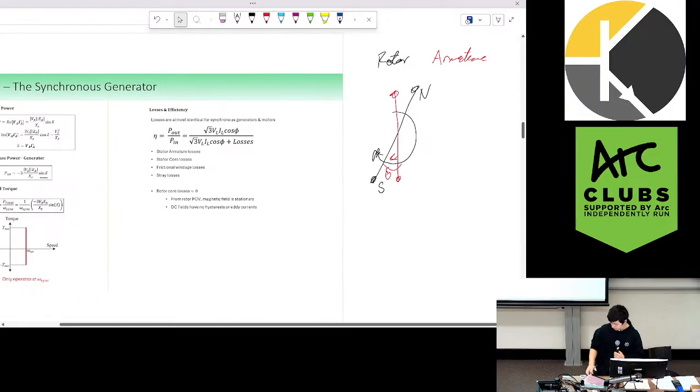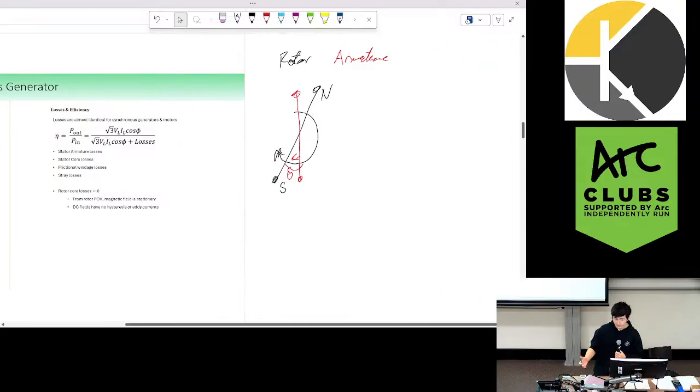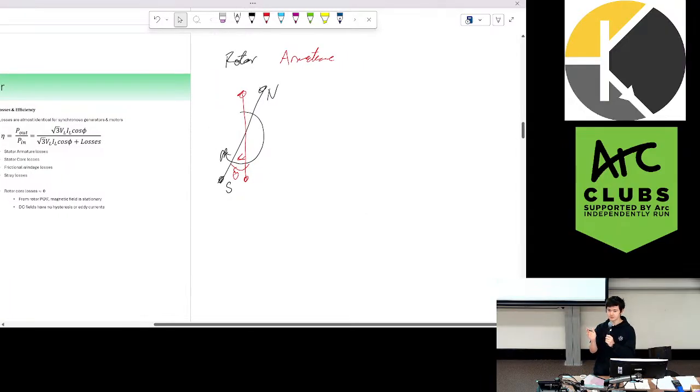You can also relate it as a physical angle. In the same way that induction machines have slip, your synchronous machines have this delta angle, which I like to think of as a phase slip, where the angle difference, delta, is somewhat proportional to how much of a field force is being exerted on your rotor, or in this case, the armature. But it's the same thing.